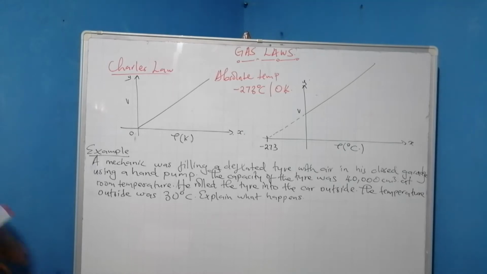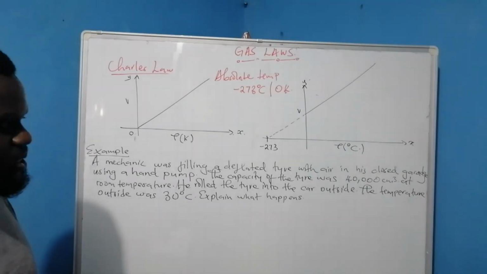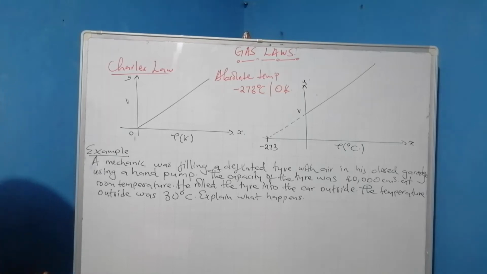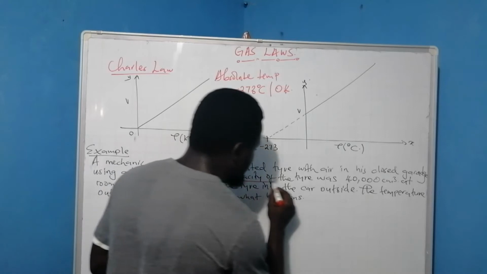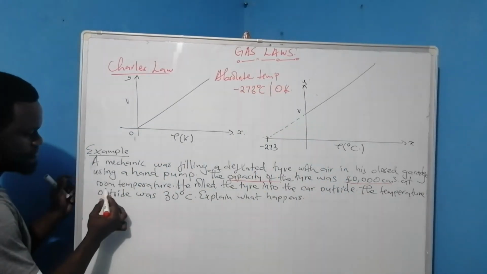Now, let's discuss a very simple question. A mechanic was filling a deflated tire with air in his closed garage using a hand pump. The capacity of the tire, have this in mind, is 40,000 cubic centimeters at room temperature.